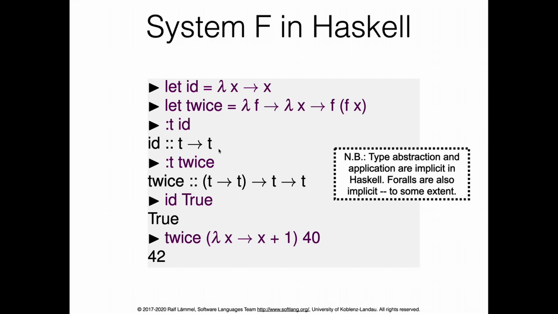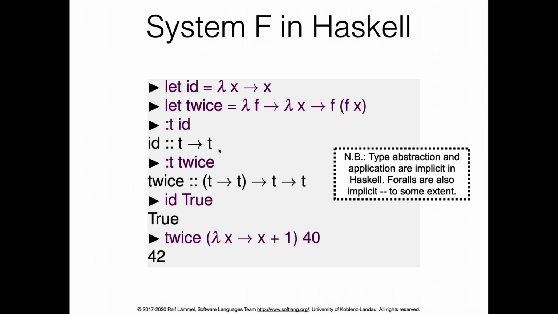So in a sense, these for alls are implicit. In fact, in the appropriate version of Haskell, you can also use explicit for alls, and eventually when you want to write certain kinds of polymorphic functions, you actually have to use explicit for alls, but we kind of skip over this somewhat more advanced topic here.